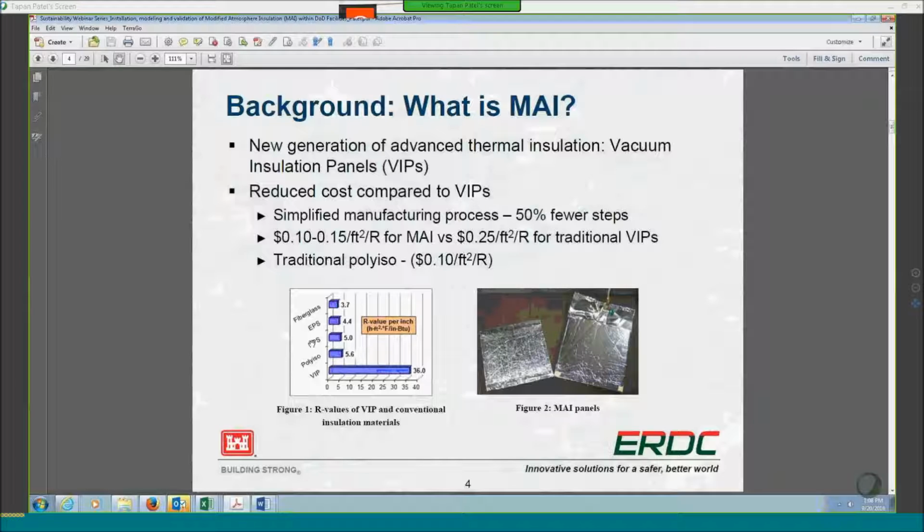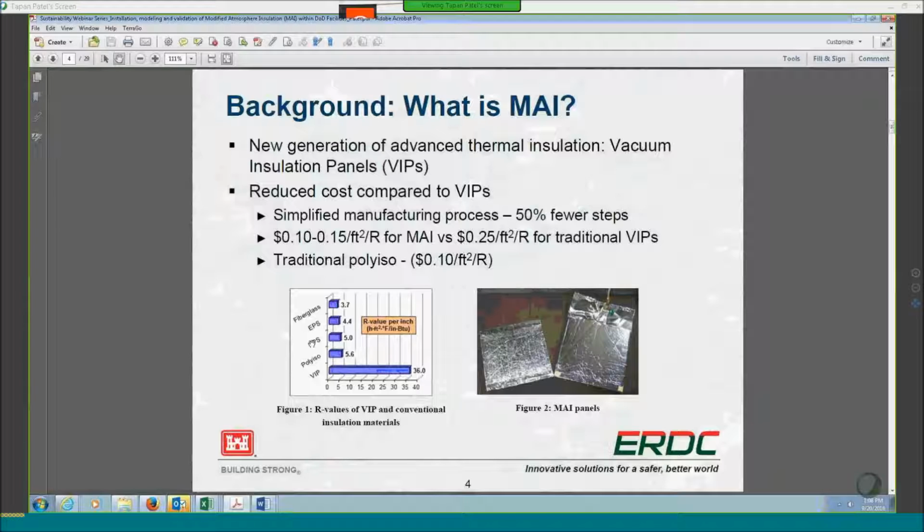So what we're looking at here is MAI. It's a simplified manufacturing process, and I won't go into too many details, but really the manufacturer here in this case has 50% fewer steps to make these panels. And so what that means is you can decrease the cost of these panels by up to half compared to traditional VIPs.